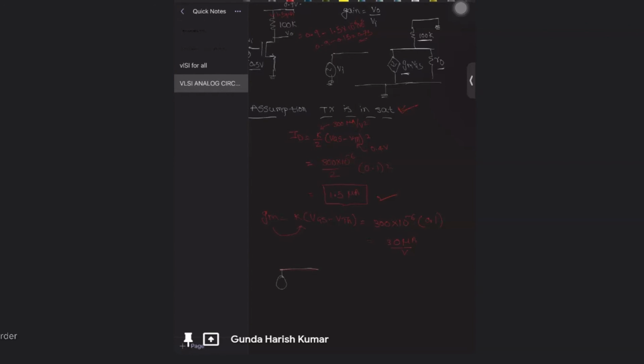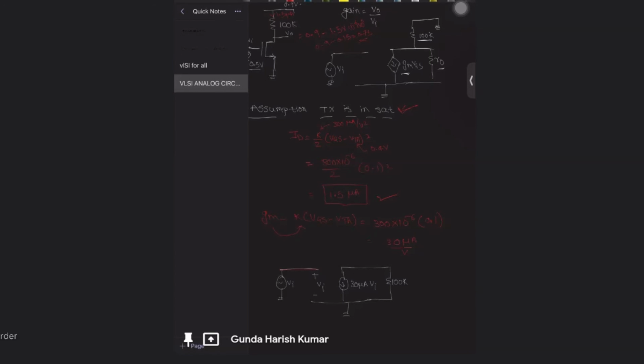Now my small signal model is: this is Vi, this is ground, this is ground. gm is 30 microampere per volt, and VGS is VA, because VA is what we applied.